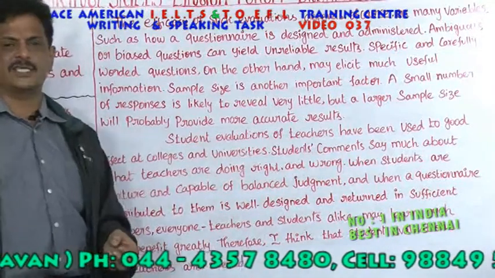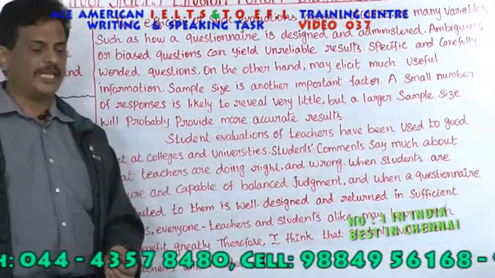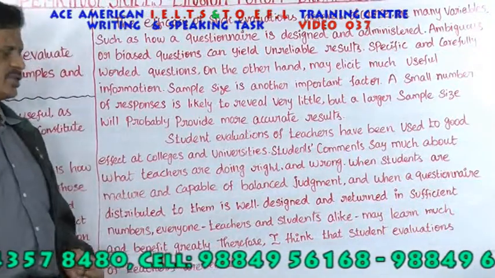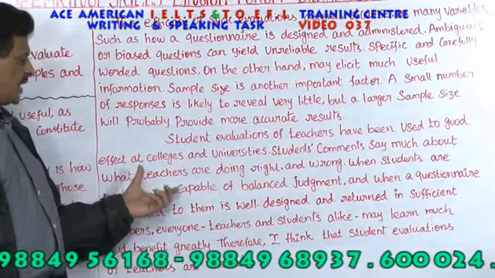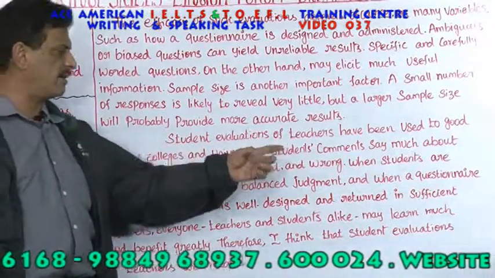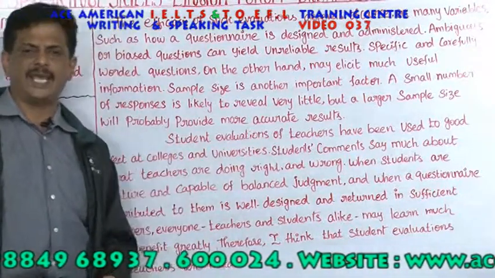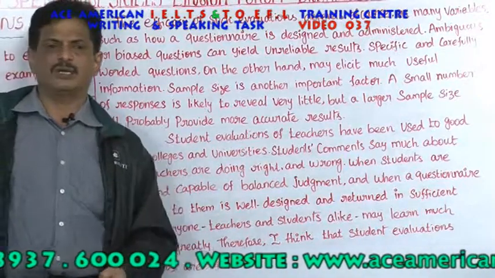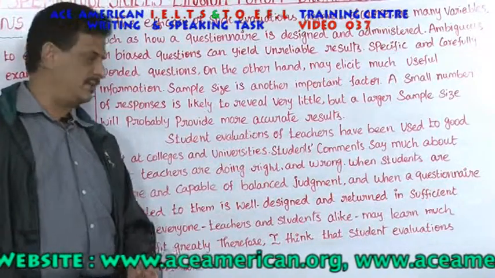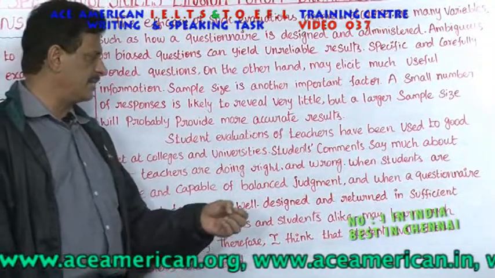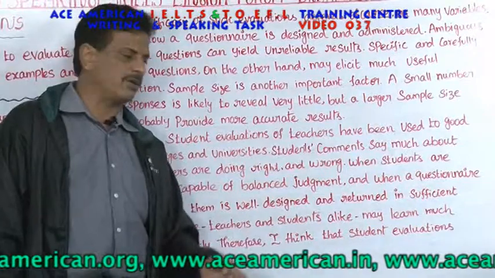Only college and university students will be able to judge and evaluate their teachers, and not the school students. Students' comments say much about what teachers are doing right and wrong. The comments by the students say in what way the teacher does things, whether they are doing the things right or wrong.